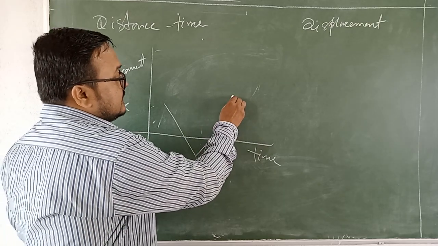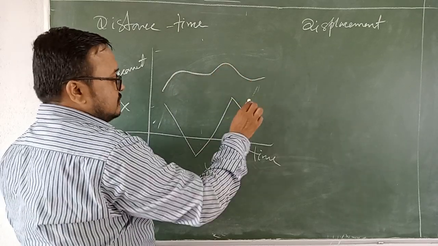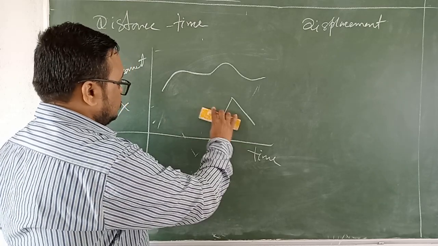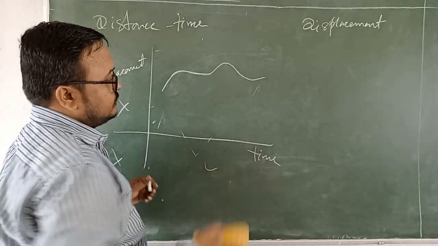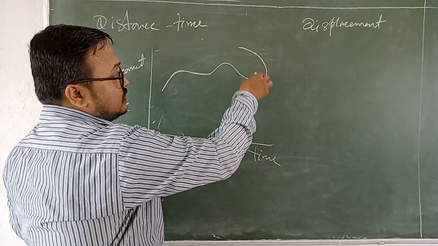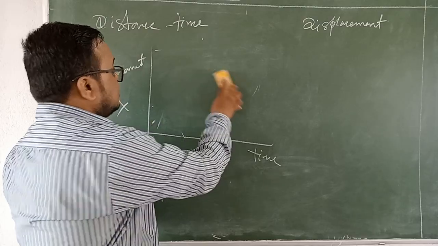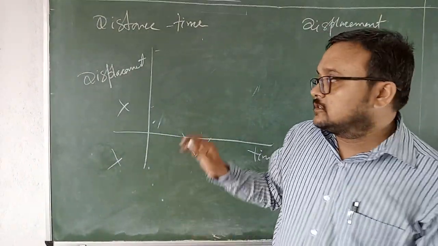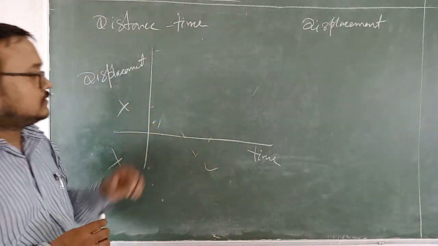Also, distance is decreasing, so we can decrease it. The graph also go to the negative sides. And in this graph also, it will not go back like that because time is not negative. And for acceleration and deceleration, the same concept is used here in the displacement time graph.